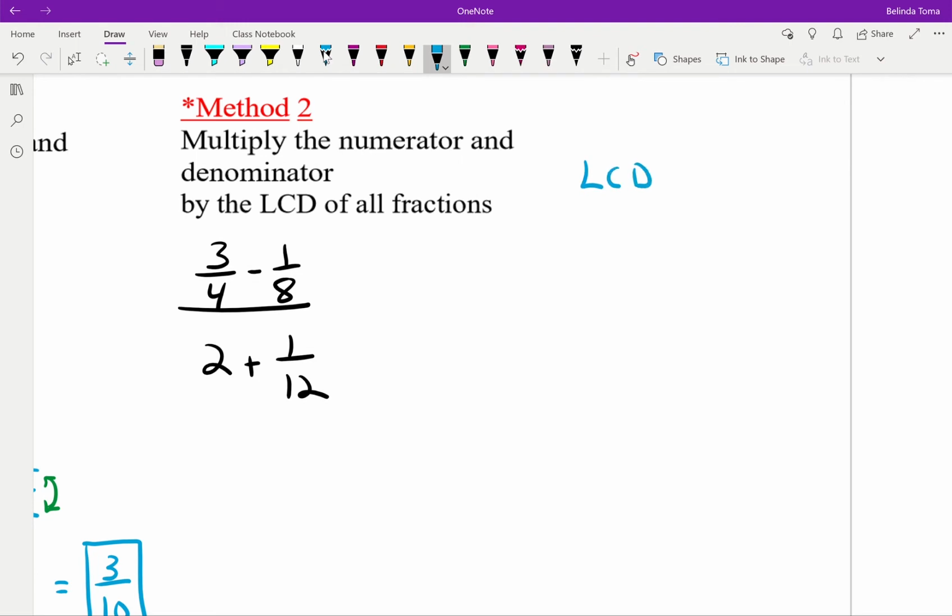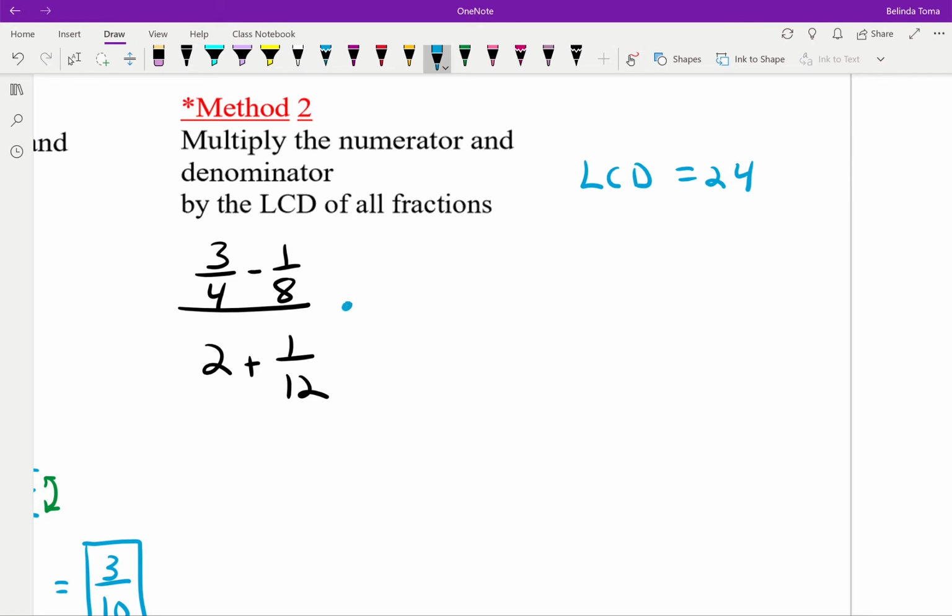Well, they share a 4, but then I'm also going to need to make it bigger than the 12, because 8 wouldn't work. I'm not going to be able to convert 8 to a 12. So the LCD is going to be 24. Remember, the LCD is also the LCM, the least common multiple.